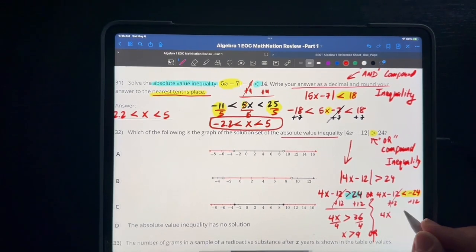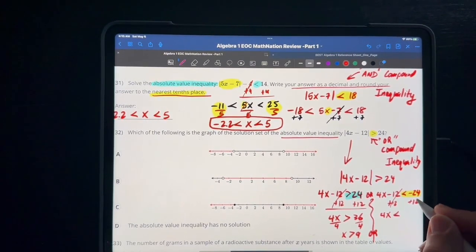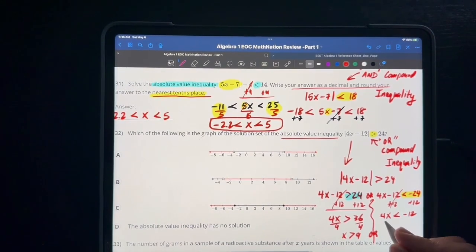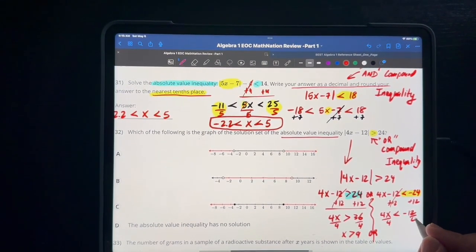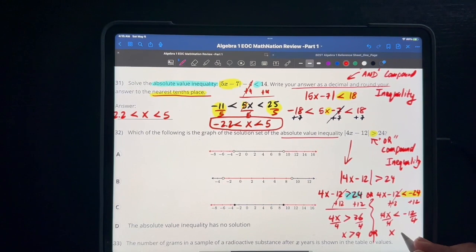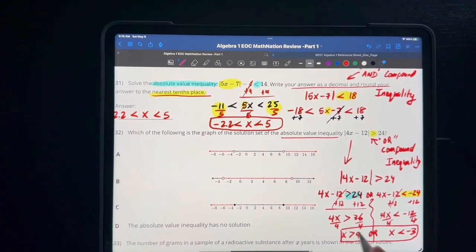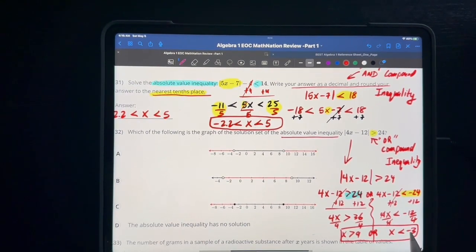The difference is, when you add these, here you have to subtract, right? Keep the sign of the bigger number, you get negative 12. You divide by 4, you're going to get x is less than negative 3. So that's my solution. This is saying x is greater than 9 or x is less than negative 3. Okay, so guess what?